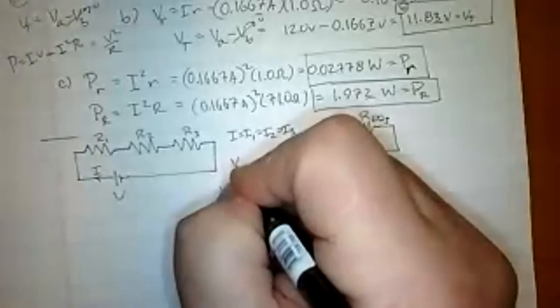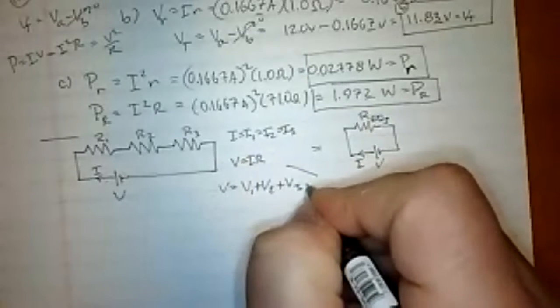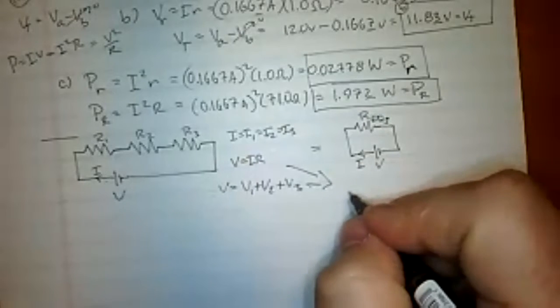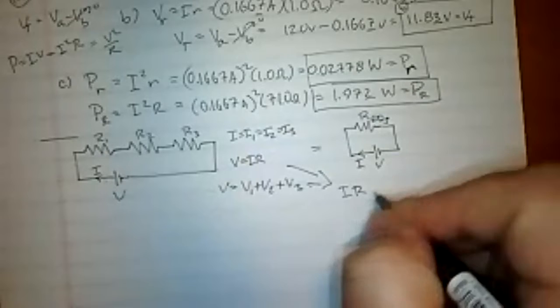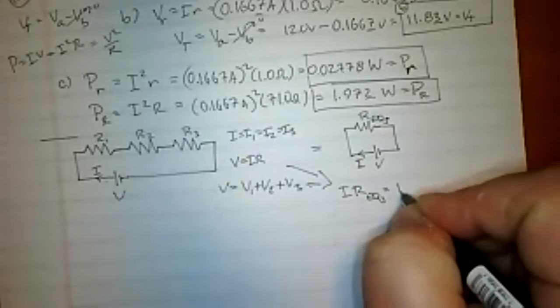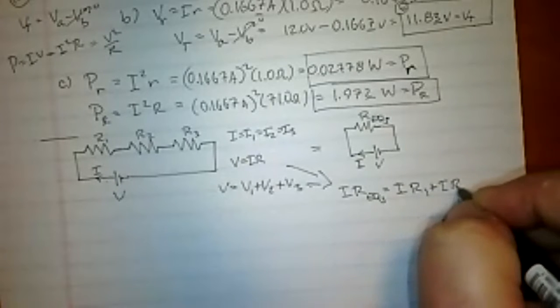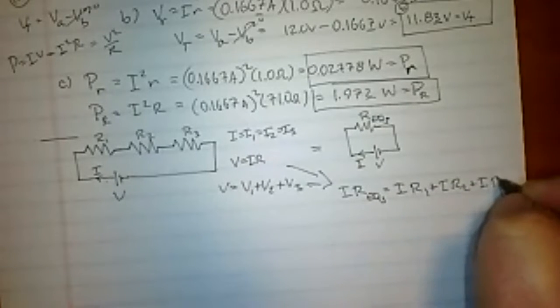Now I can use Ohm's law, which says V equals IR. And using those two, I get I times this guy, which is R equivalent S, is equal to I times R1 plus I times R2 plus I times R3.